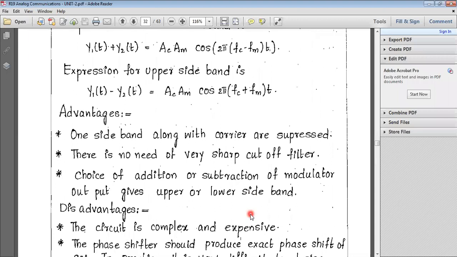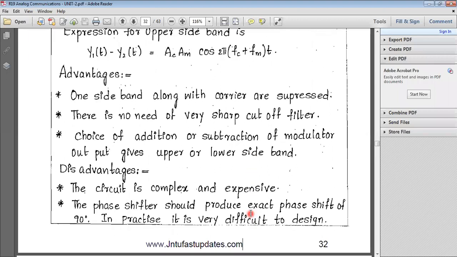Now coming to the advantages of this technique. One sideband along with the carrier is suppressed, that is the first advantage. And there is no need to use very sharp cutoff filters.